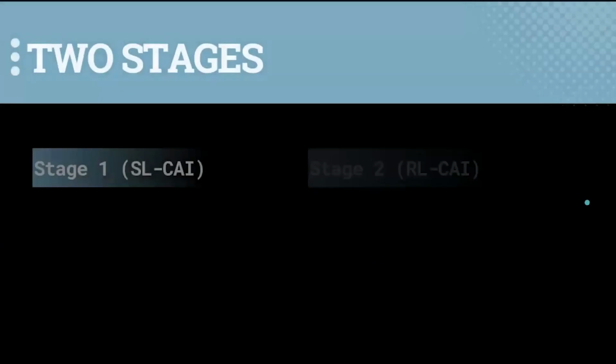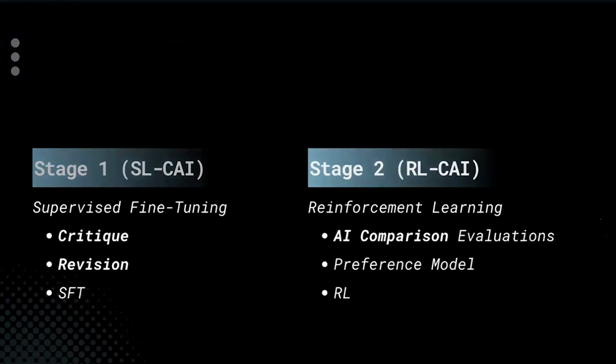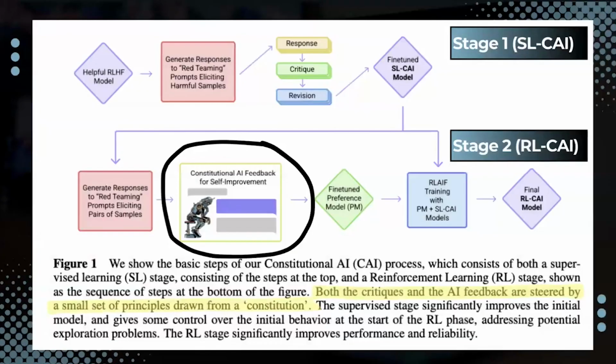There were two stages to this. The first one was to actually do some supervised fine-tuning by using a critique and revision process. The second was to do the reinforcement learning. And it's kind of a hard diagram to fully take in. The first stage of this, we took our helpful model off the shelf, and then to these kind of harmful inputs, we came up with responses, and then we had the LLM critique those responses, and we created a revision data set.